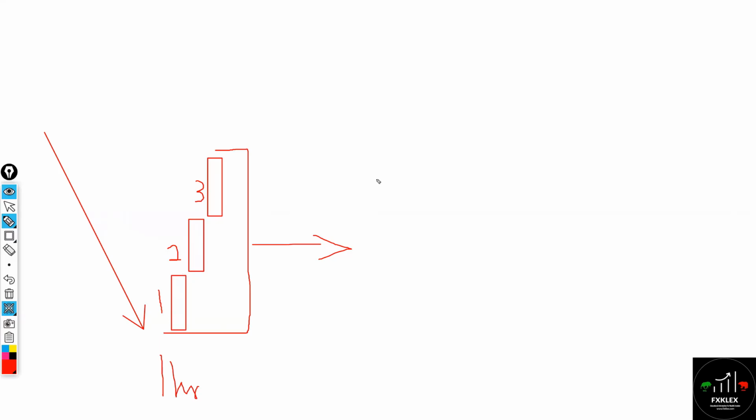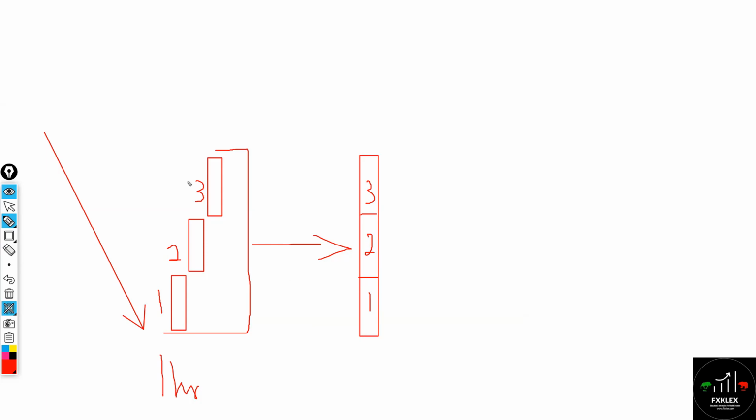On the higher time frame, let's say the 3 hour time frame, if you use TradingView, this is what you're going to have. This is the first candle right here, the second candle right here, the third candle right here. So you can see this is a very strong, long, bullish movement.